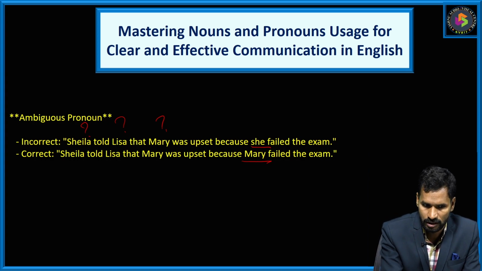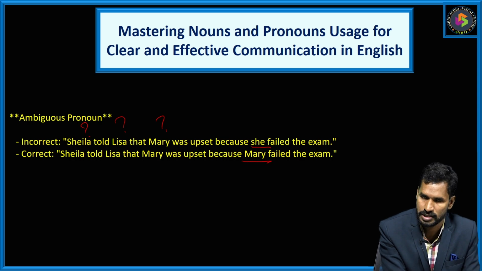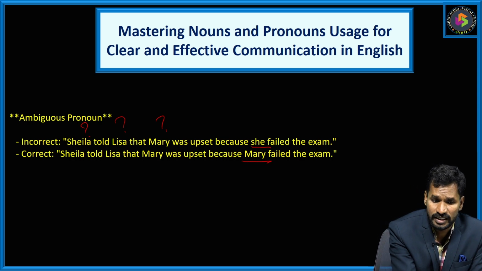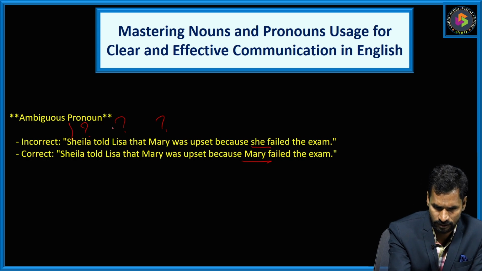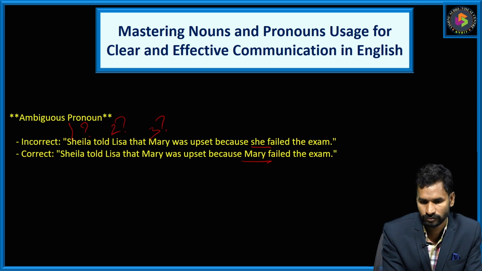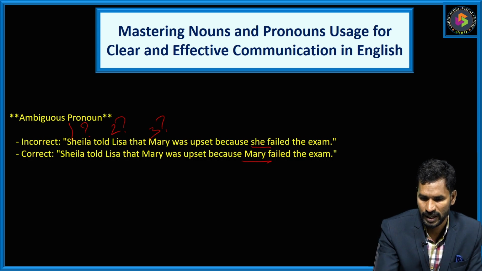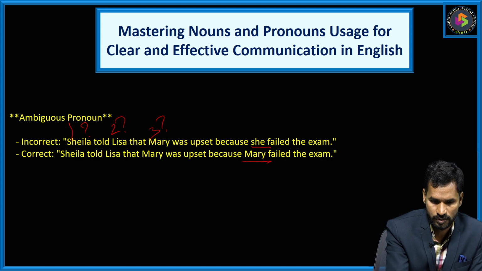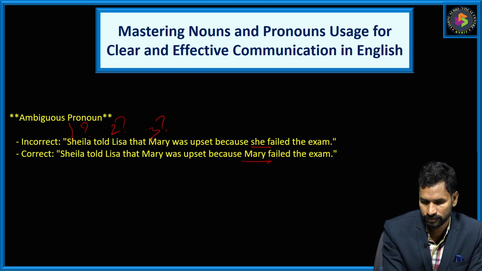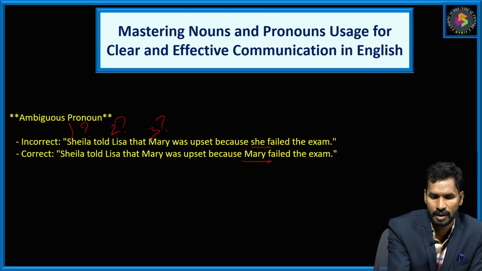So again, we'll go through the sentence meticulously. We can find three proper nouns here: Sheila, Lisa, Mary. So the pronoun she, whether it is referring to the first, second or third, is quite ambiguous.